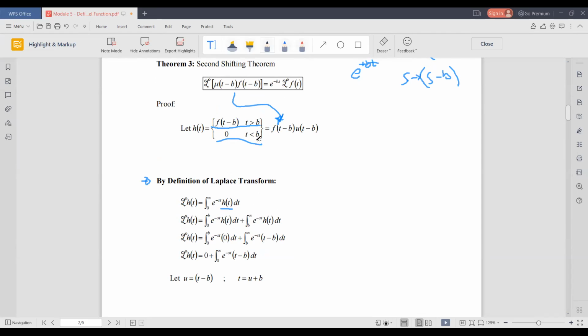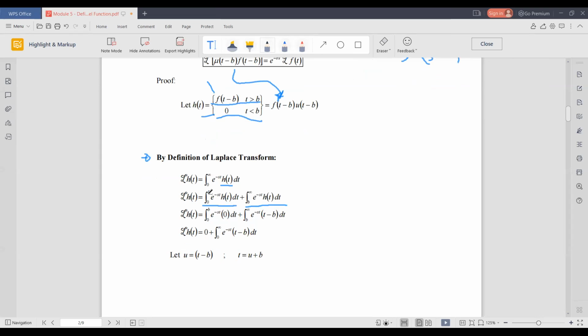That is from 0 to b, and then from b to infinity. We have two limits here. Same lang din, hiniwalay lang natin because of the two limits.